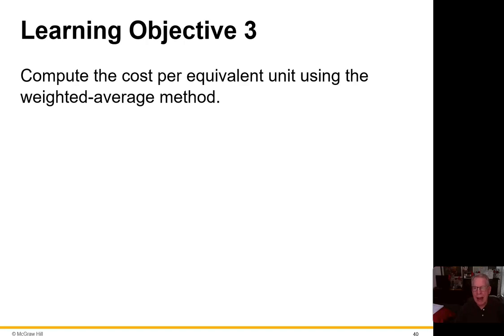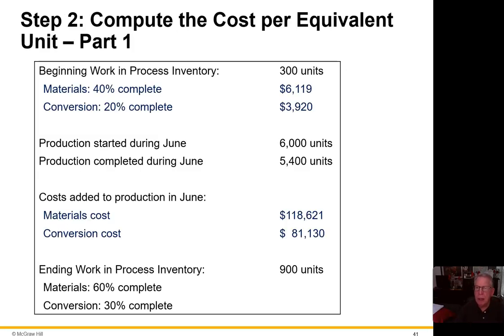All right, now we're going to compute the cost per equivalent unit using the weighted average method. Here, our beginning work in process, materials, 6,119, conversion 3,920, production started during June was 6,000. What we completed during June was 5,400.